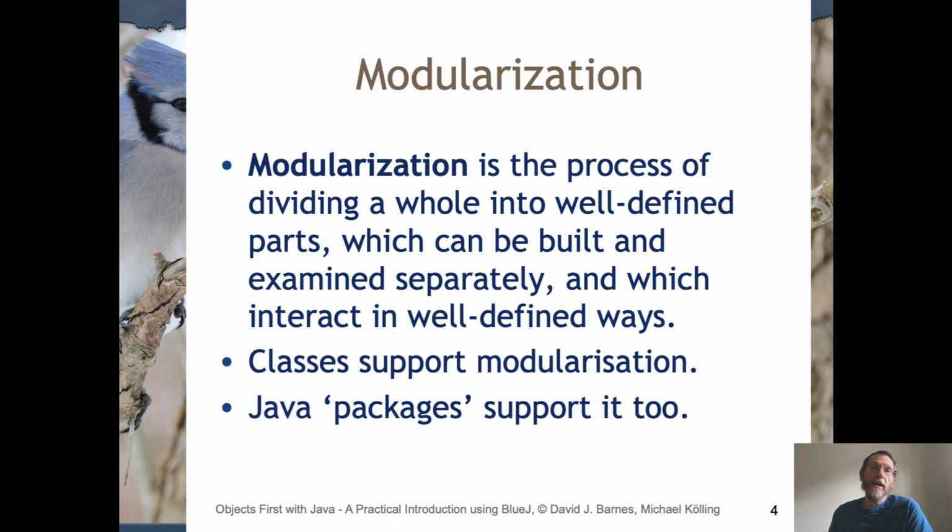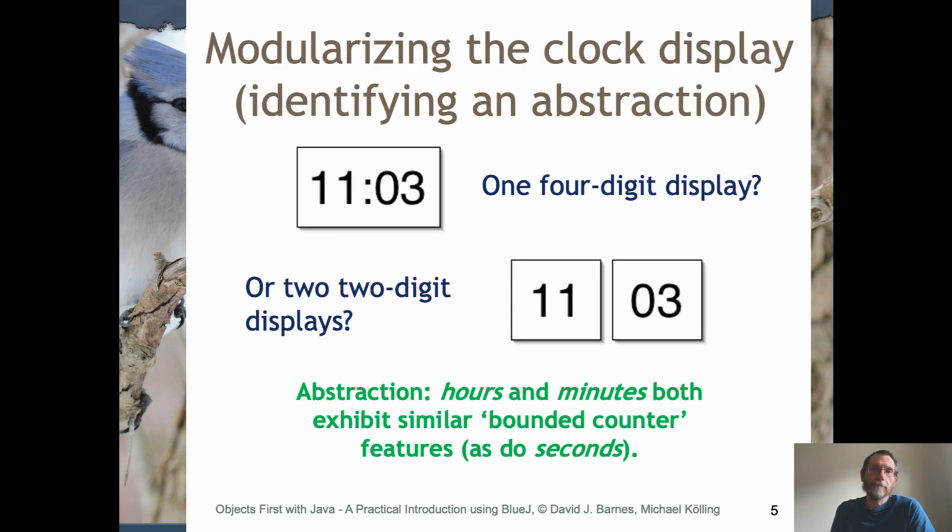A Java package is a way of grouping together related classes into a module-like form, and then that package can be used as a single unit, again as part of solving an overall more complex problem. So let's look at how modularization might apply in the context of the clock project.